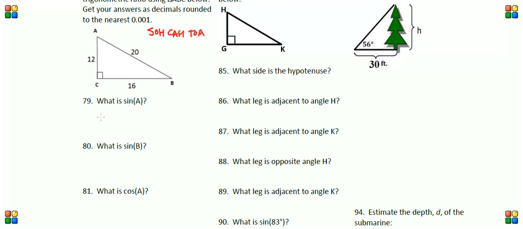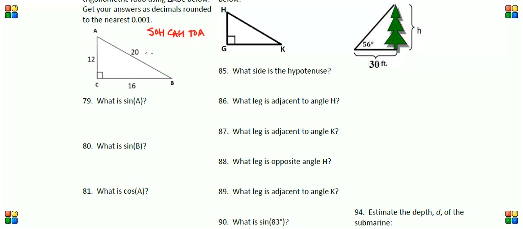So question number 79, what is the sine of angle A? Looking at angle A, I'm not going to circle it just because we're going to be asked for the sine of B as well. But when we look at the sine of angle A, let's label the sides of our triangle based on angle A being our reference angle.